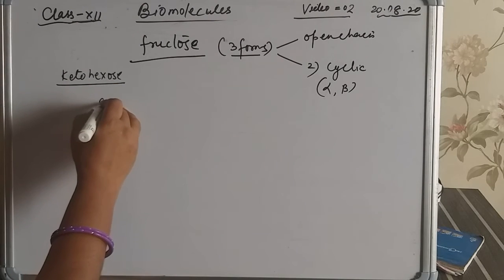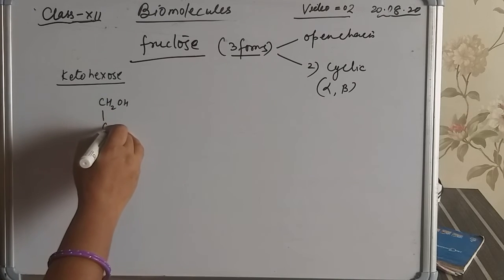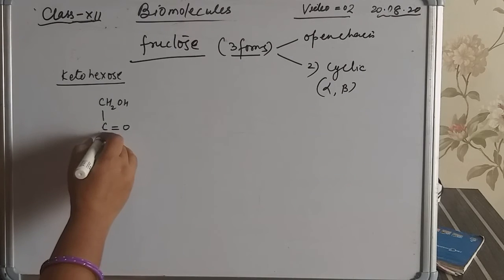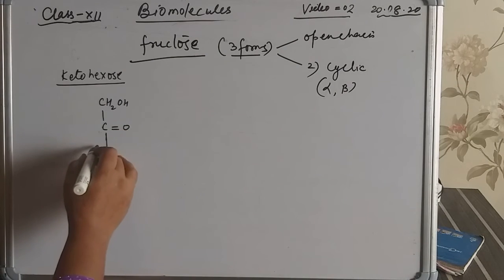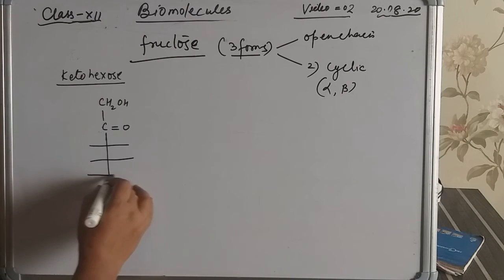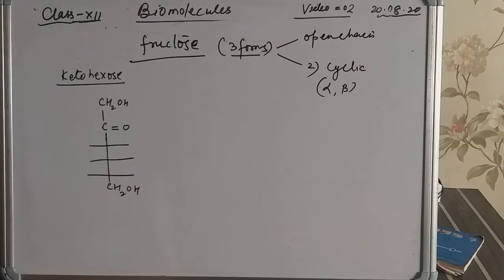So CH2OH, number 2 double bond. We use the Fischer projection in this way: 1, 2, 3, 4, 5 and 6, CH2OH.